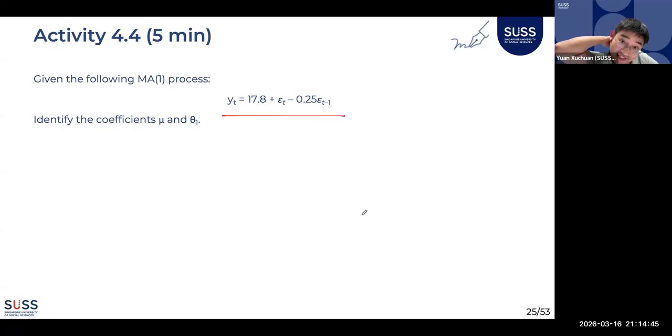What is theta 1? The coefficient. Yeah, are you all with me? Are we on the same page?